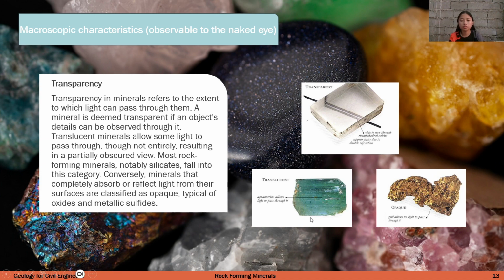Sa translucent naman, inaalaw niya yung light to pass through, but not entirely. Just partial. Makikita nyo naman dito sa example. Ang opaque naman, hindi niya inaalaw yung light na mag-pass through sa kanya. Dahil ina-absorb niya or nire-reflect niya lang ito. Hindi niya pinapapasok.